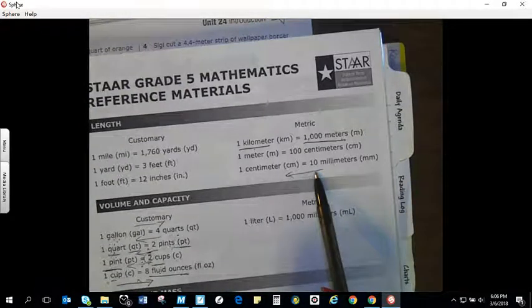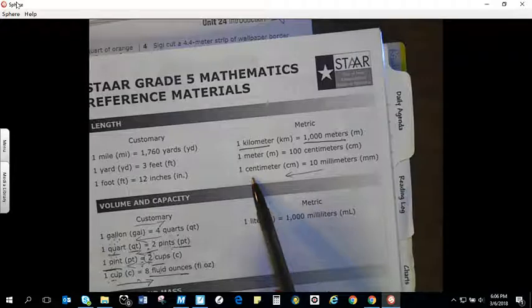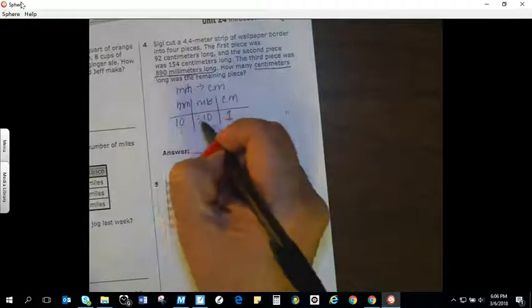So if I do my rules, my millimeters to my centimeters, every 10 millimeters is equal to 1 centimeter. And my rule is I'm going to be dividing, because 10 divided by 10 equals 1.